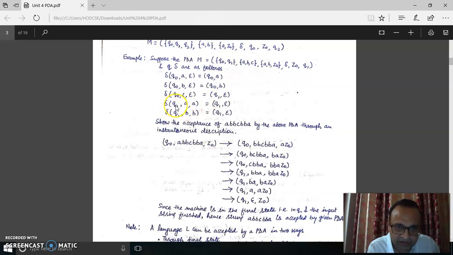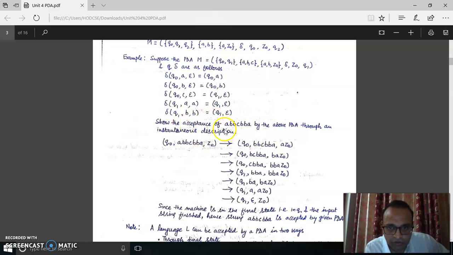Now we are on another state. Once we are on this state and A is encountered, certainly there must be A on the top of the stack, and we are popping that, keeping on the same state. Now if B is read when we are on the Q1 state, certainly there must be B on the top of the stack, and we are simply popping that element also.